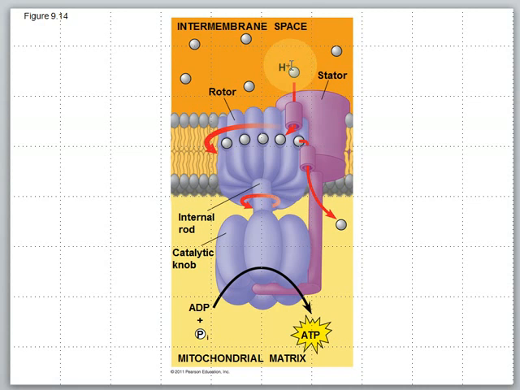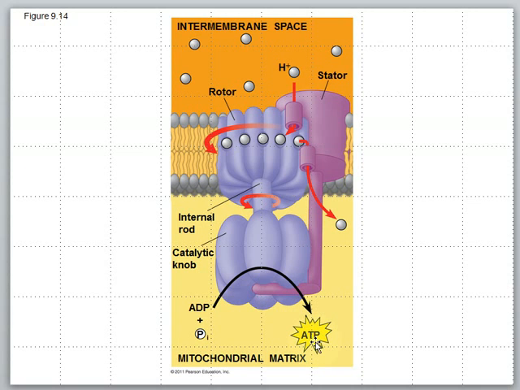As those H plus ions travel through ATP synthase, that actually changes the protein and causes the protein to almost move like a gear. That motion and that process allows the protein to take an ADP molecule, which is adenine diphosphate, and add to it a phosphorus group.